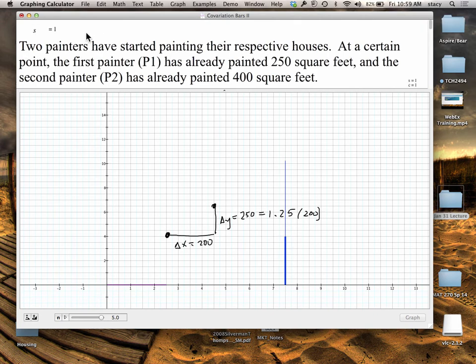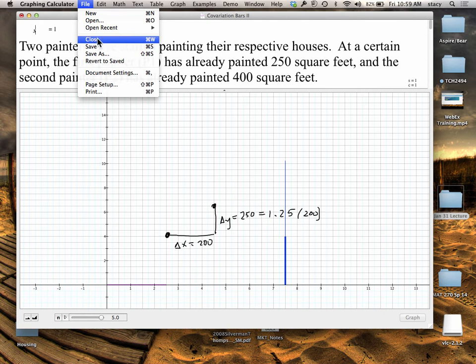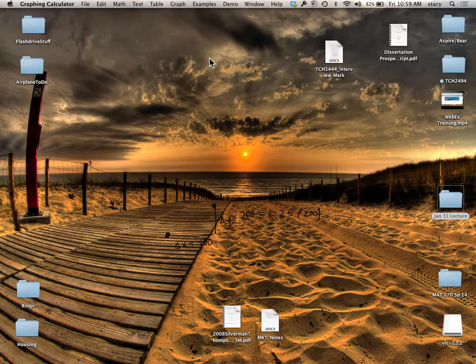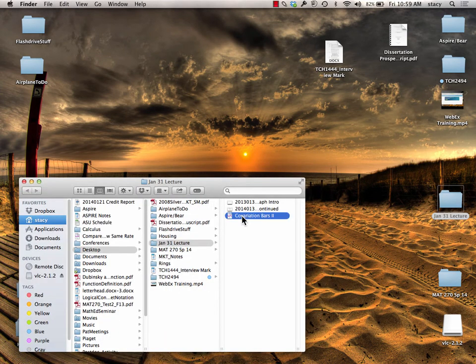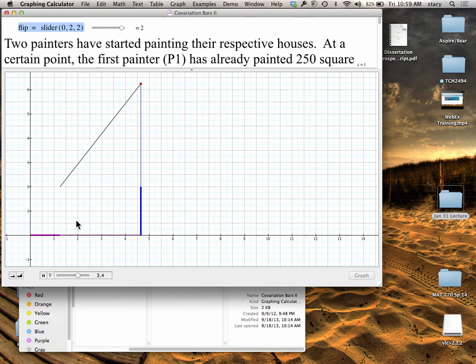Hold on, oh no, I lost my slider. Yeah, I can't do that at the moment because I'm in this other program. So here's what I'm going to do. Close it. Yay. Okay, so if I wanted to know the y value when x is 450, then what can I do?